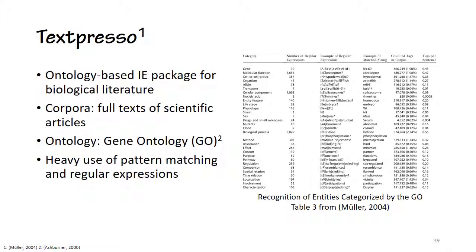Now, Textpresso was very popular back in its time, the early 2000s. And that was based on ontology of Genie and GO, or rather gene ontology, or GO. So it was done on regular expressions, which means that humans were still creating them.